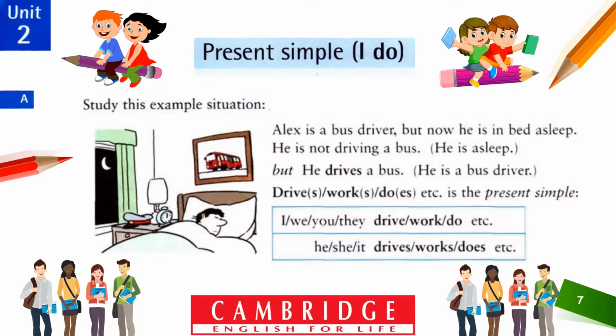I drive, we work, we drive, you do, you drive, they work, they drive, etc. But when we use the same verbs with the pronouns he, she, it, then we need to add s in the end of the verbs, or at times we need to add es, which you have already studied in your schools or study centers about where to use s, where to use es, etc. At the same time, remember that you need to add s in the end of the verb only in simple present tense for the pronouns he, she, it.